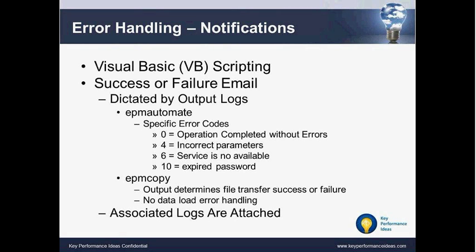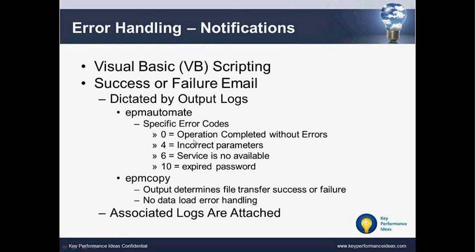if there is an error or an issue in the load process, whether it's the operation completed without errors or the incorrect parameters were set, or the service is down or the password has expired, we've created an email notifying you specifically of what's occurred.